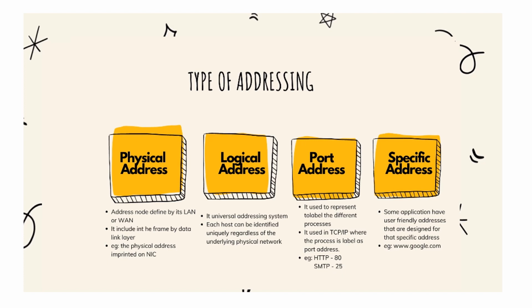The next one is the port address. Port address is normally used for labeling the different processes for each particular application. In TCP/IP, the process is labeled as a port address. So when we send, we send with a port address so that the device will know: this one is used for the web, this one is used for emails, and this one is used for file transfer.